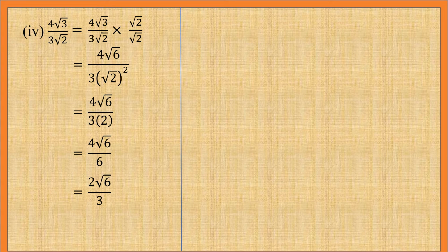Then for Roman number 5, we have 3 over root of 3 minus 2. The minus sign here indicates that we have two terms within the denominator here.